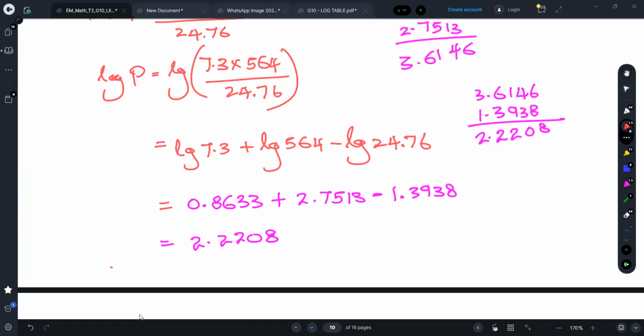Then P equals antilog. Here we have found log P. Log P equals 2.2208.